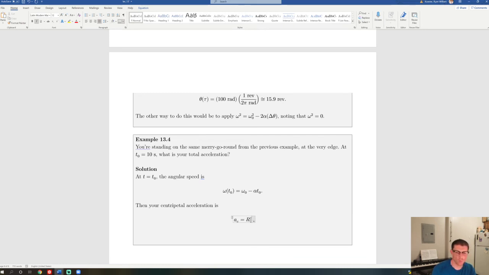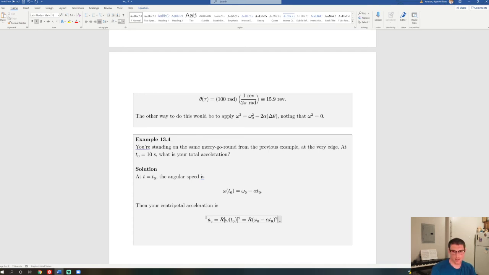So the way we would write this is then it would just be r times omega evaluated at t naught squared, and we would find then that this is r times, and I'm just going to copy and paste this. This is what we found from the kinematics equations, and we just have to remember to square this.